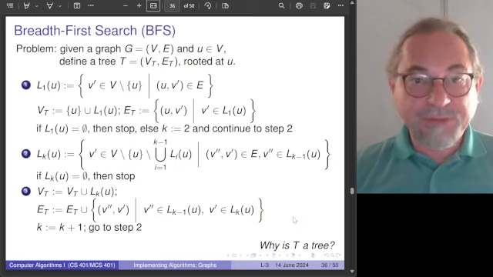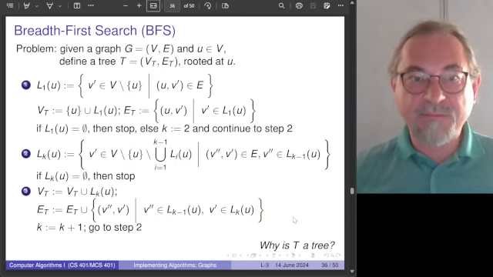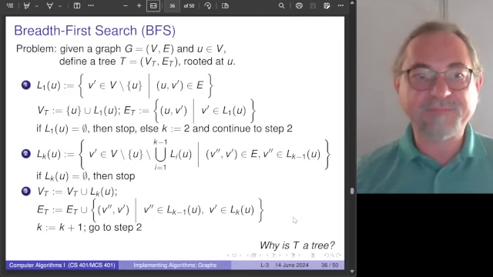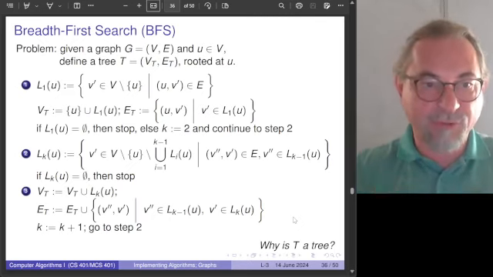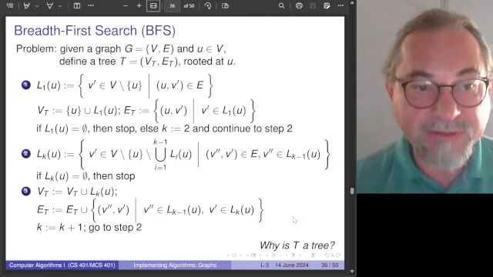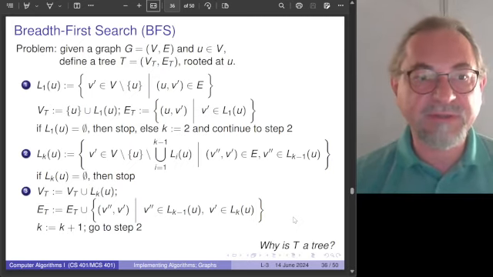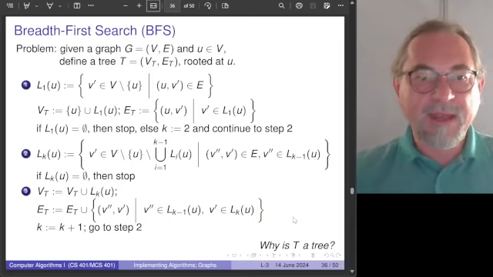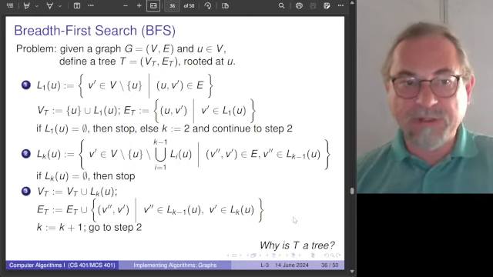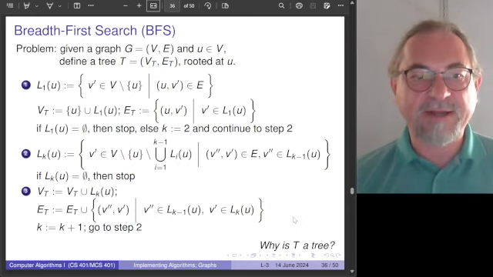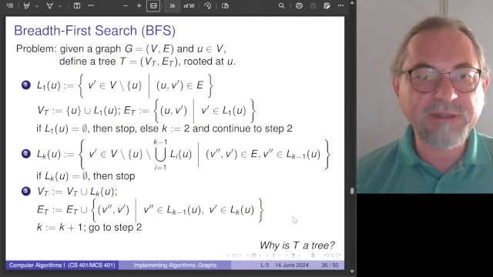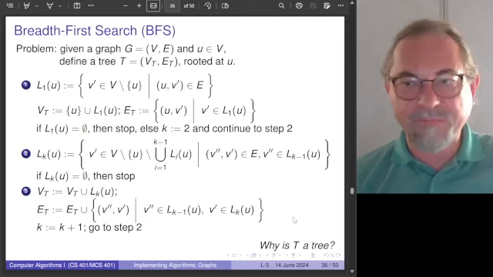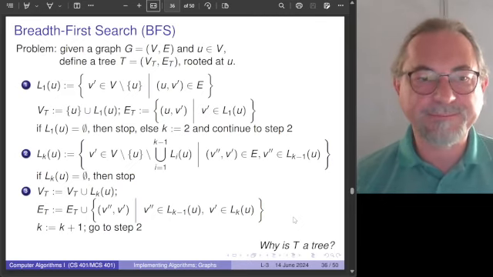The algorithm stops when one of the layers becomes empty, and you can already think, will it ever stop? But if we go to the third step, we update the vertex set V subscript T, adding all the nodes at the new layer, and also updating all the edges that connect the V prime from the current layer to a V double prime in the previous layer.